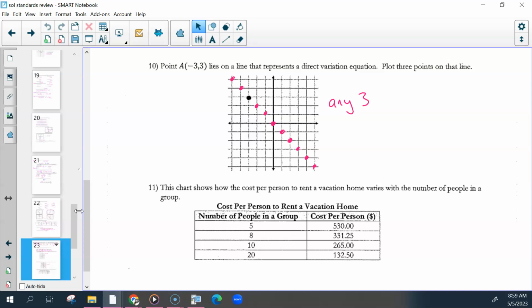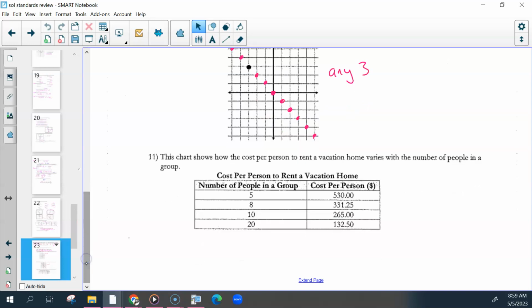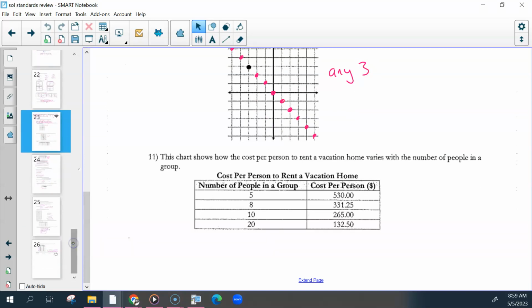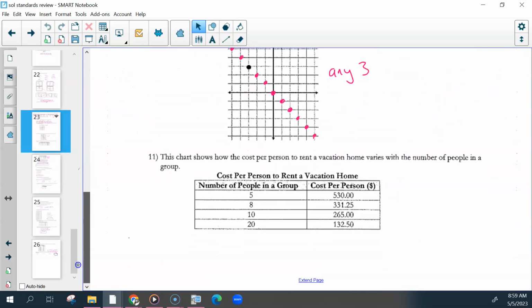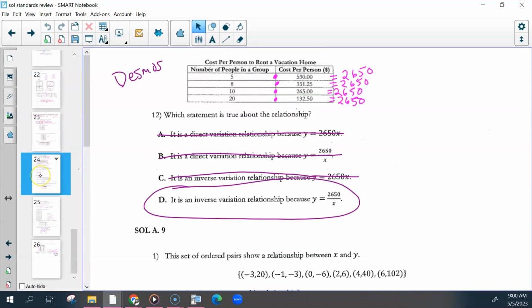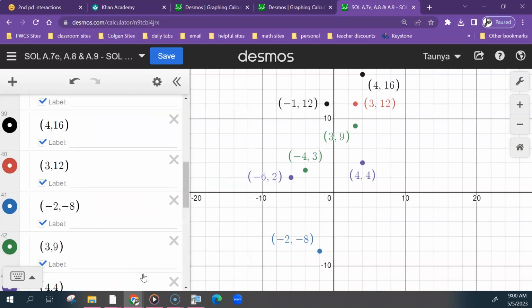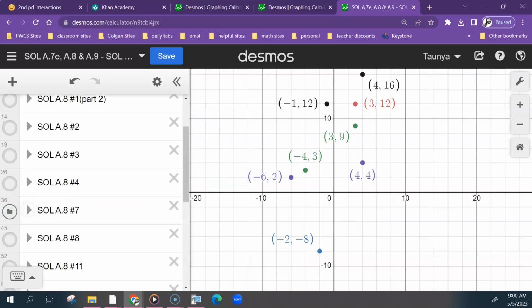Then for 11, the question is actually on the next page, so I'm going to go through that page. And it asks, is there a question for 11? Not really, okay. But which statement is true about the relationship? If you graph these 2 functions, you'll get 2 different things.